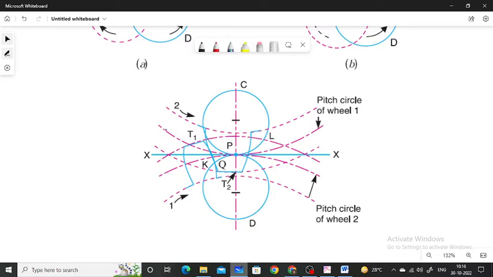व्हील 1 और व्हील 2 के जो पिच सर्किल्स हैं एक दूसरे से टेंजेंट है at the point P. Okay, and XX is the common tangent of pitch circles.